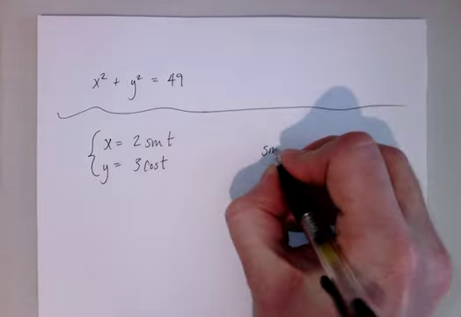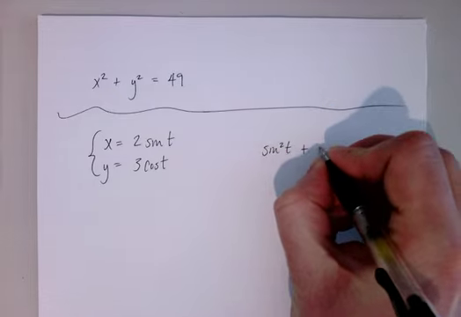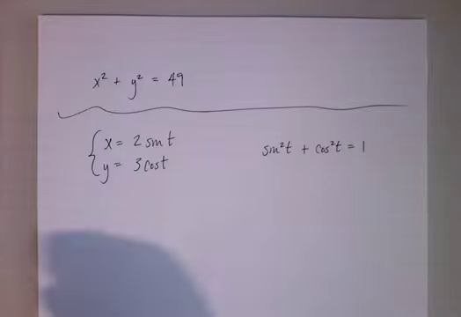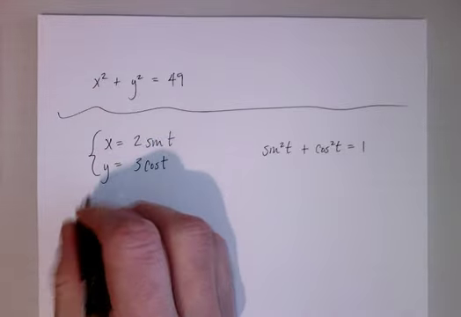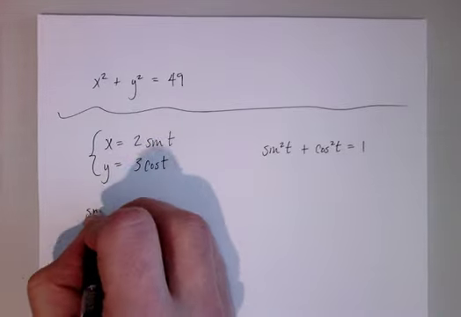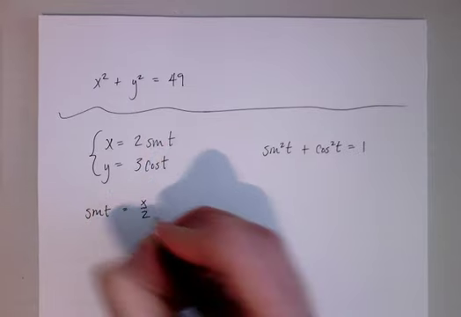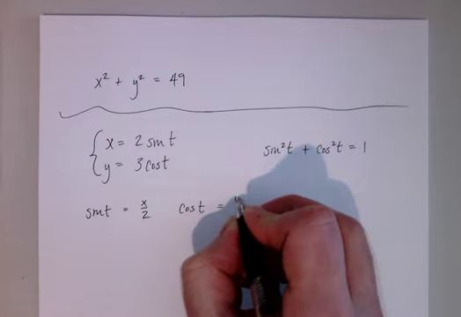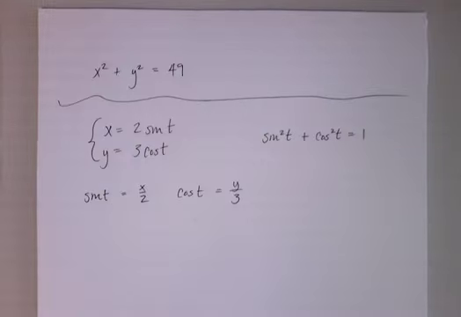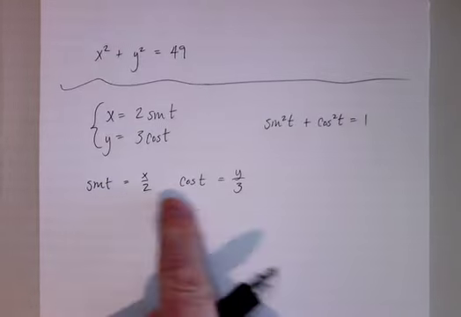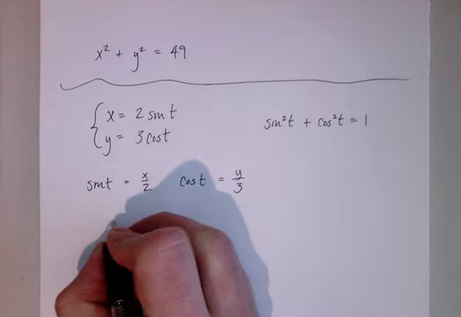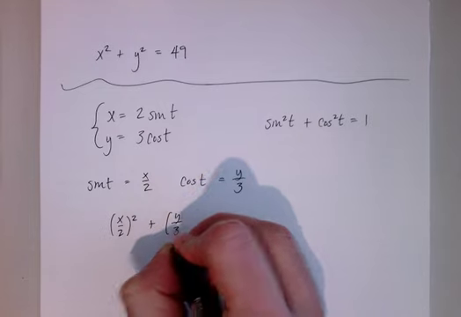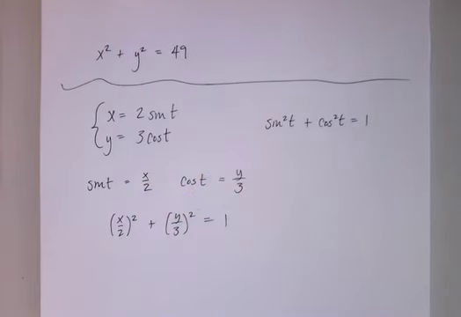But you do know that sine squared plus cosine squared is equal to 1, don't you? So why don't we take that x equation and solve for sine t, and we get x over 2. And let's take that y and let's solve for the cosine, and cosine t is equal to y over 3. So if sine squared plus cosine squared is equal to 1, then x over 2 squared plus y over 3 squared should be equal to 1.